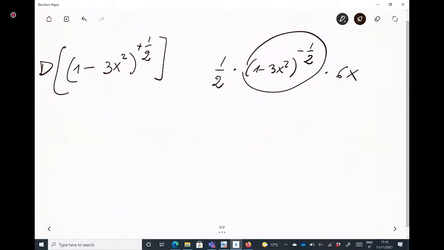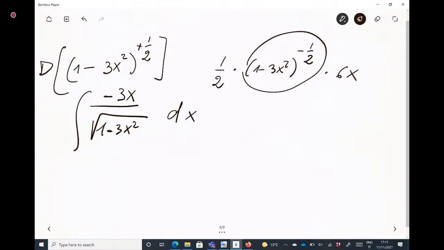So you can just start with another function, for instance, 1 minus 3x squared to the power of -1/2 times, for instance, minus 3x.